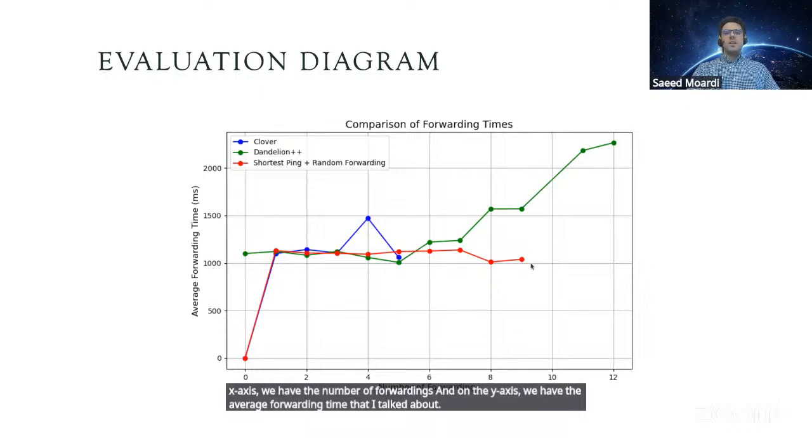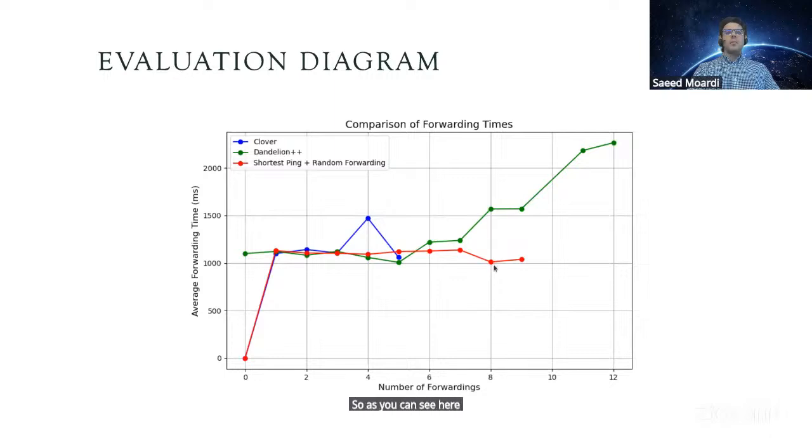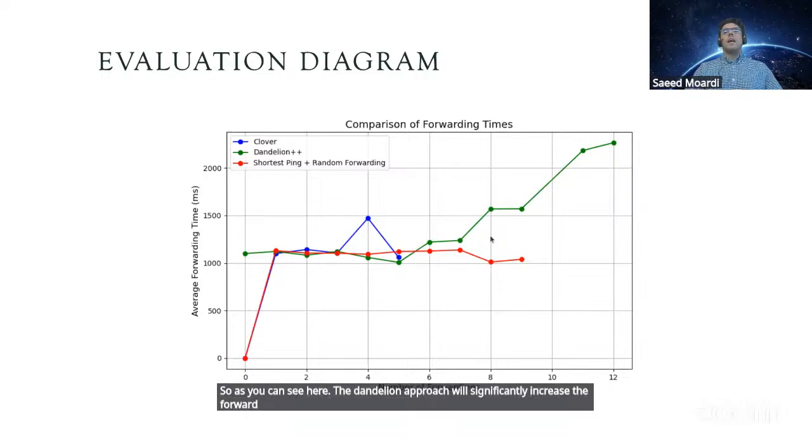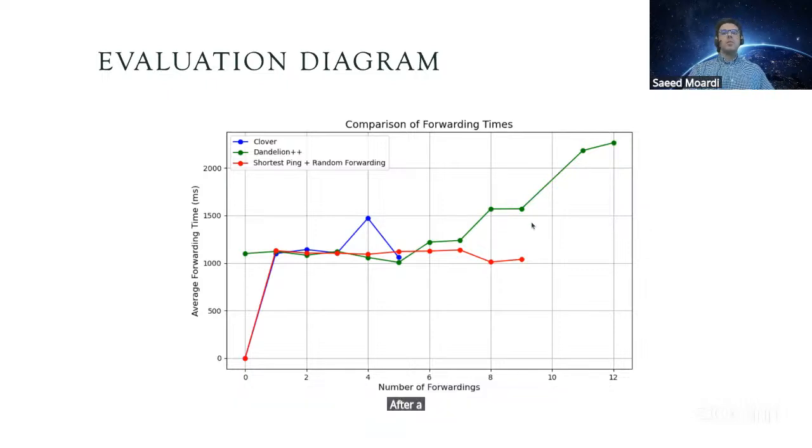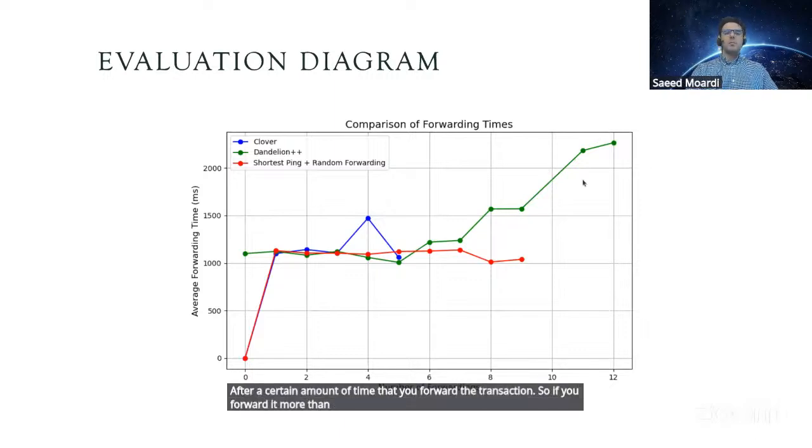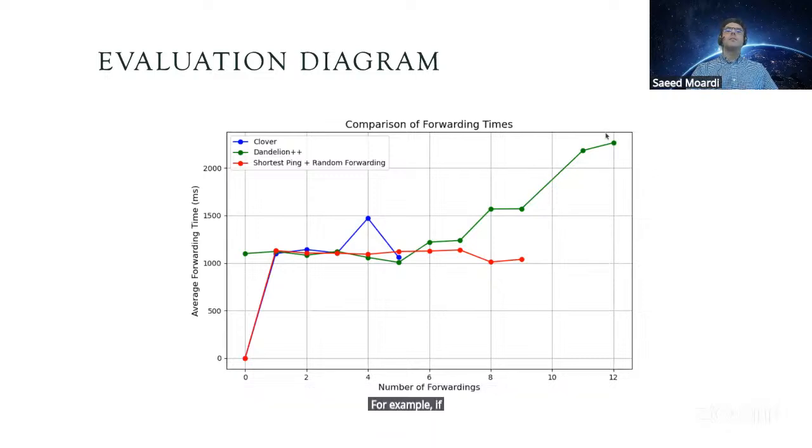As you can see here, the Dandelion approach will significantly increase the forwarding time overhead after a certain number of times that you forward the transaction. So if you forward it more than 9 or 10 times, for example, it will just skyrocket the transaction forwarding time.